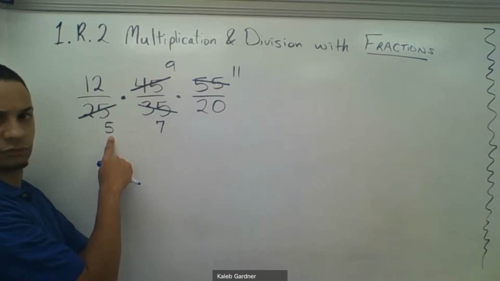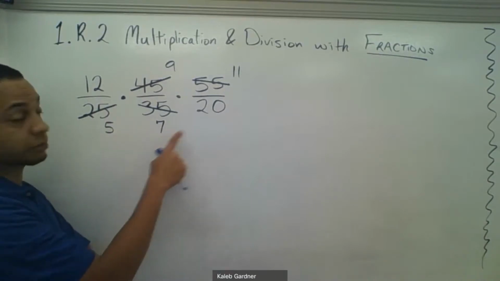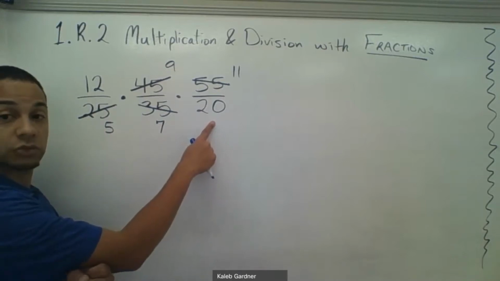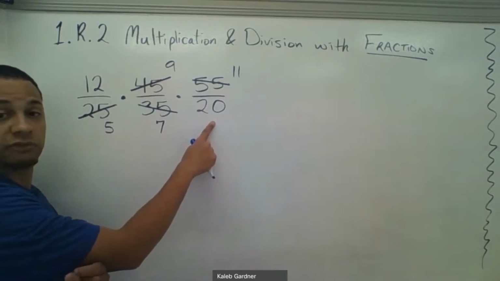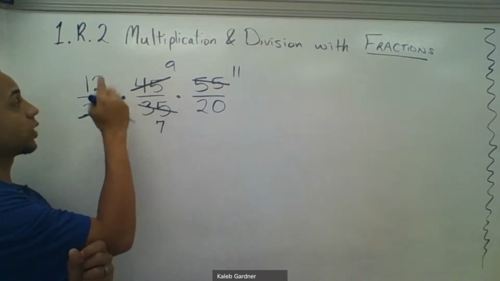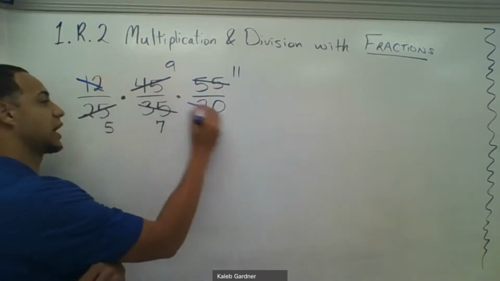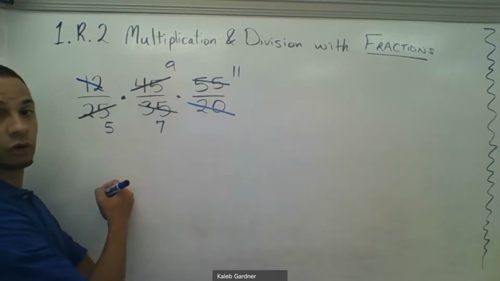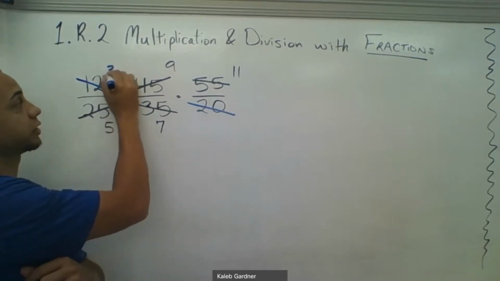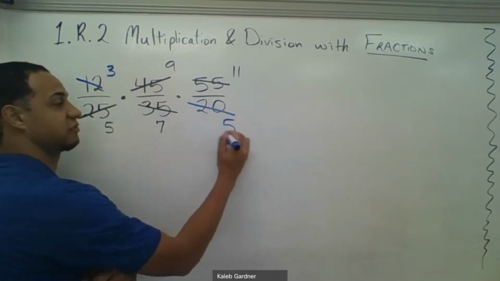Neither does 7, but 20 can be divided by 2, but it could also be divided by 4. Let's go with the 4. 12 reduces and 20 reduces by 4 to make 3 and 5.